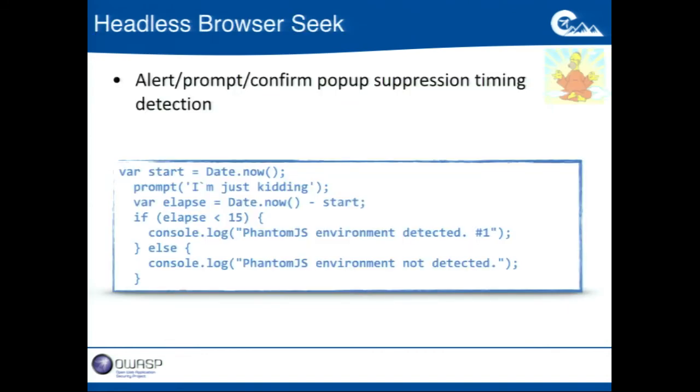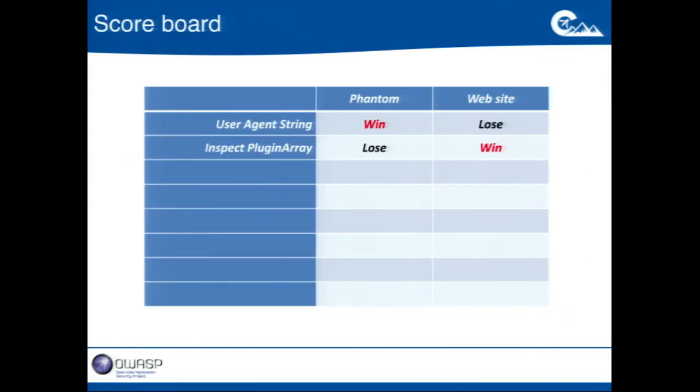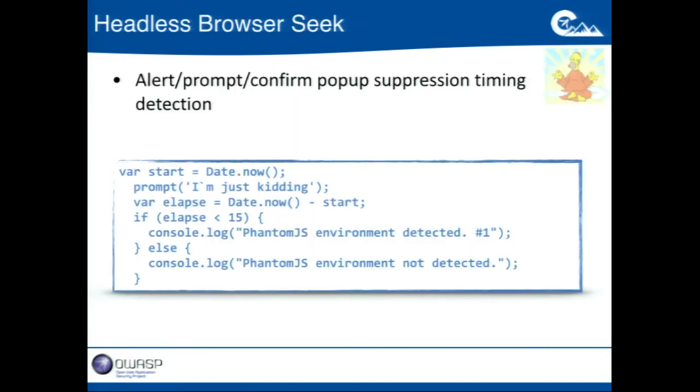Okay, so there is another piece of knowledge that we gain from Phantom. We know that PhantomJS is going to suppress any kind of JavaScript-generated dialogs like alert or prompt or the confirm dialog or whatever, which means whenever you pop an alert on the page, it's going to return immediately.